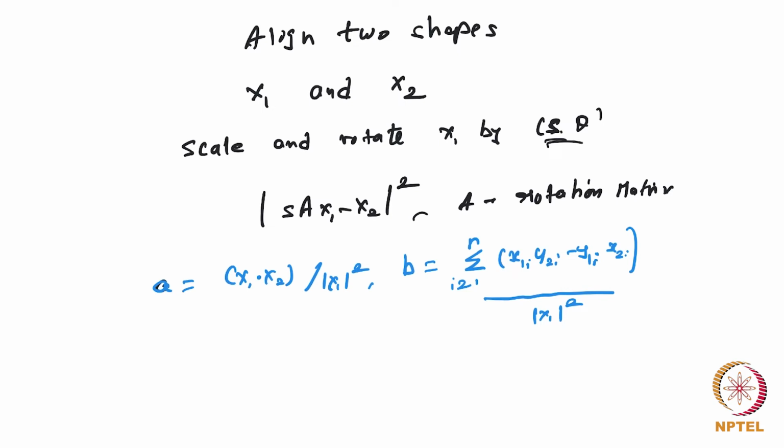If we estimate this a and b, the scaling factor is estimated as s squared, which is given by a squared plus b squared, and the rotation angle is arctan, or tan inverse, b by a. So if you have two shapes x1 and x2, and you want to bring x1 into alignment with x2, then you have to scale x1 by this s and rotate by theta.